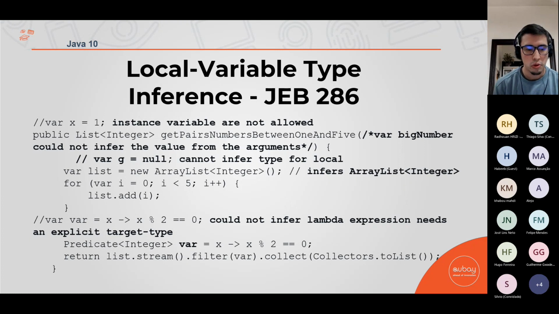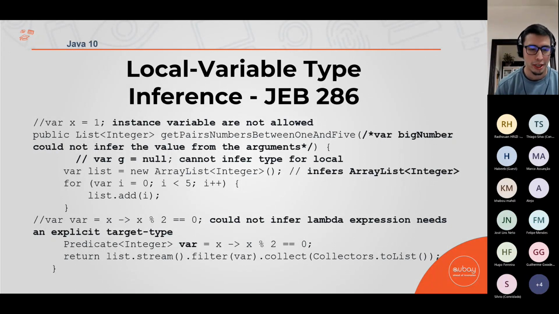Var is very useful when you have a type and you don't want to write the type, so you use var because it's clear what the type is. Another important thing is that you can have variables called var. I don't recommend it, okay? Don't do that.